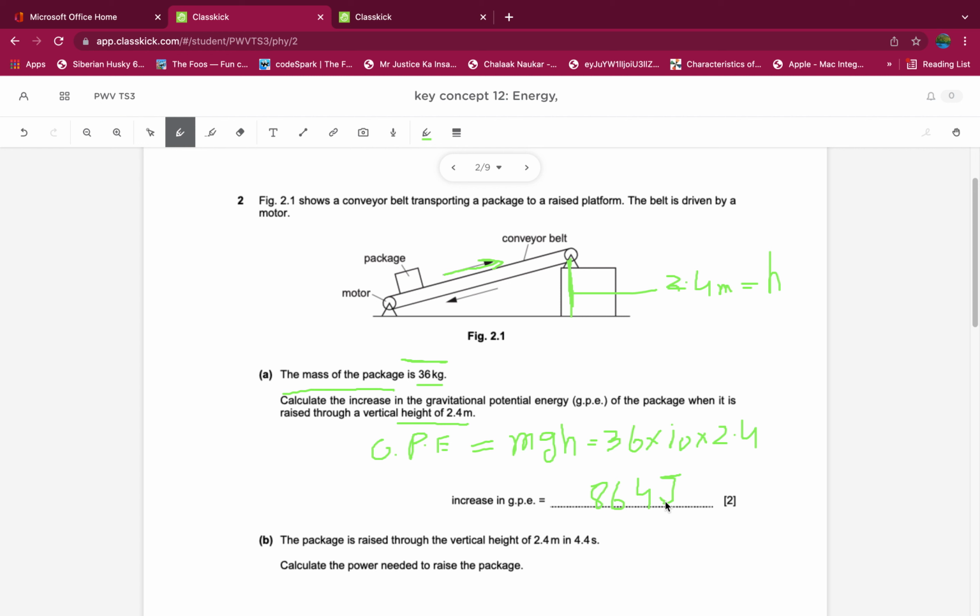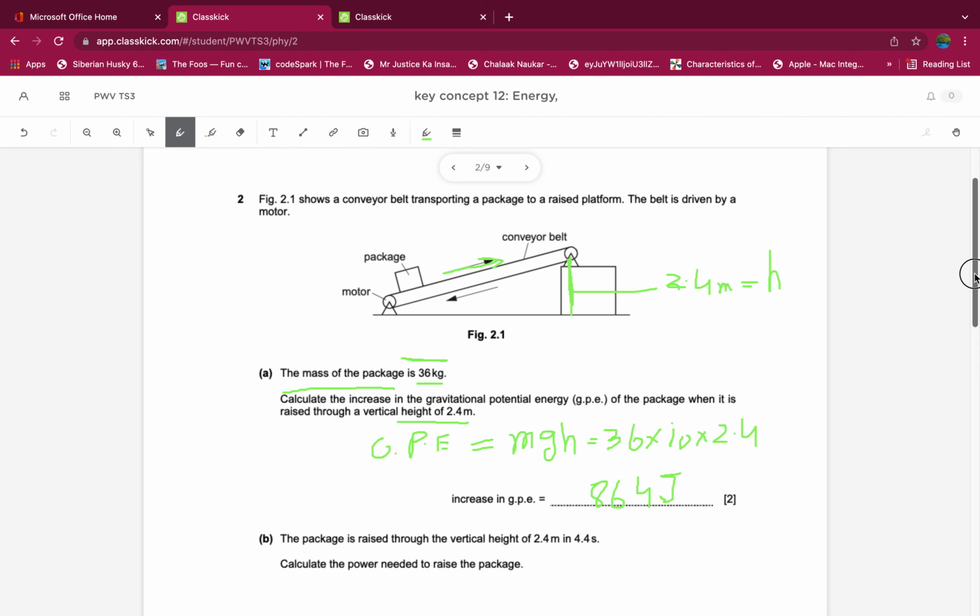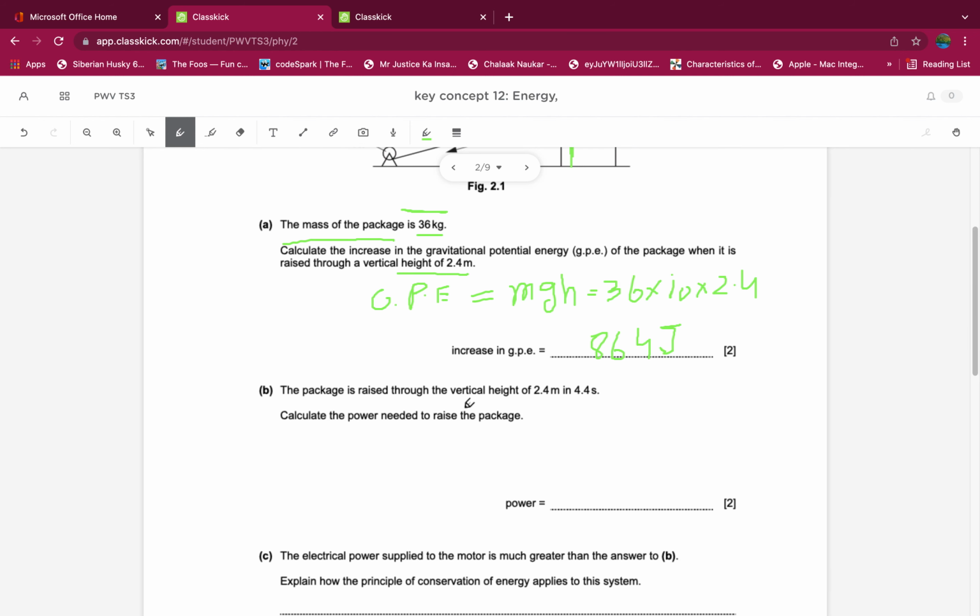Okay, the second thing is that now we have to find, the package is raised through a vertical height of 2.4 meters in 4.4 seconds. Calculate the power needed to raise this package. Power means energy over time, work done over time. We can use this relation. Look how much time it takes to move this distance, 4.4 seconds. So you can find the power, energy over time.